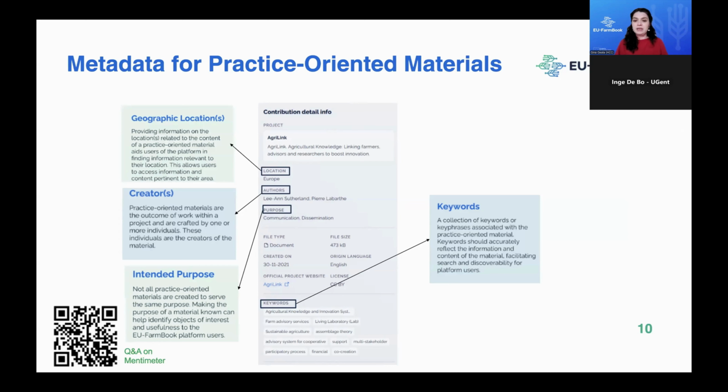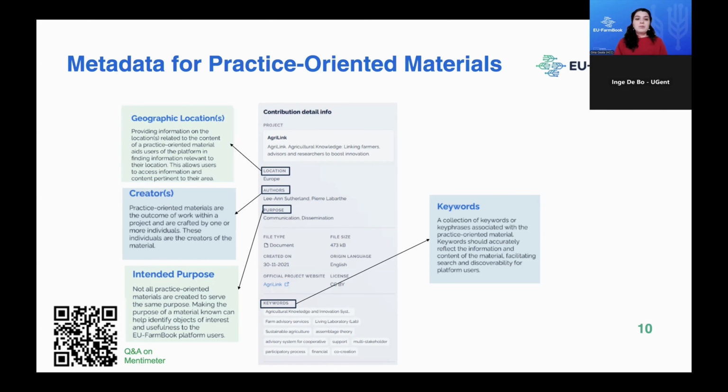Keywords should accurately reflect the information and content of the material, facilitating search and discoverability for platform users. As a side note here, the title and the keywords are the most important section in our contribution, as they can answer the questions that our target group can ask in the platform at the search function.